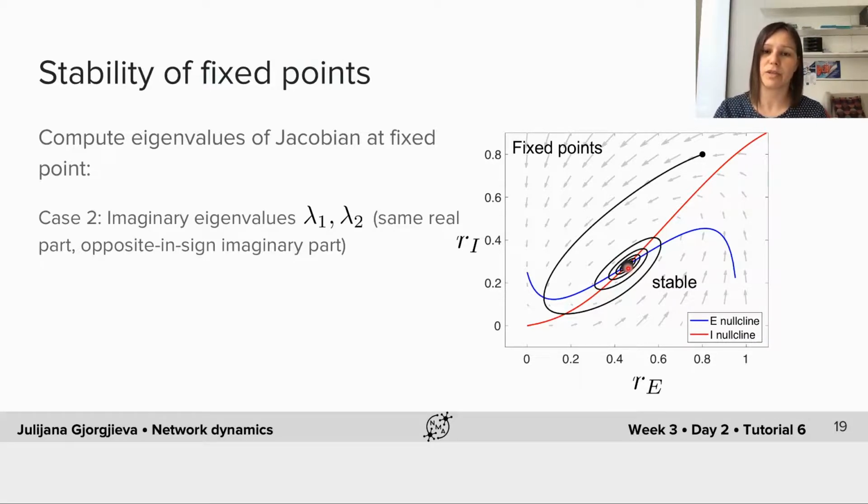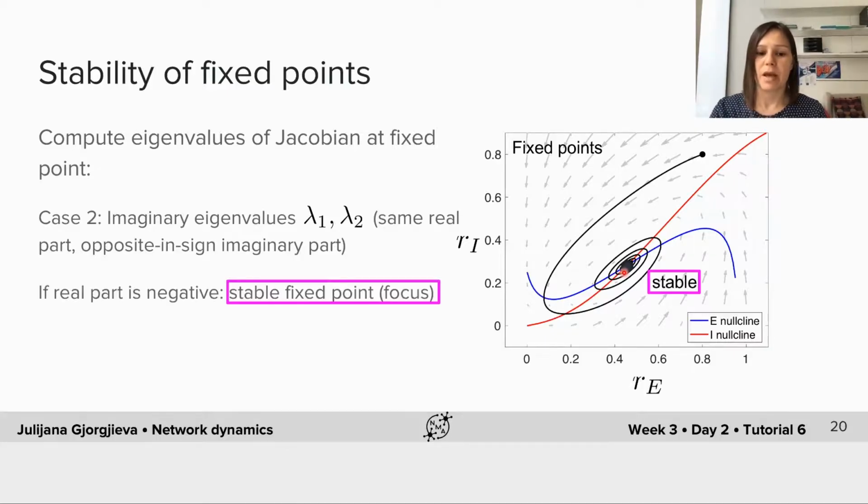Rather than the trajectories just decaying in time or growing in time, here this approach toward the fixed point happens in an oscillatory manner. So this particular fixed point, because it's attracting, is called a focus, so a stable focus.